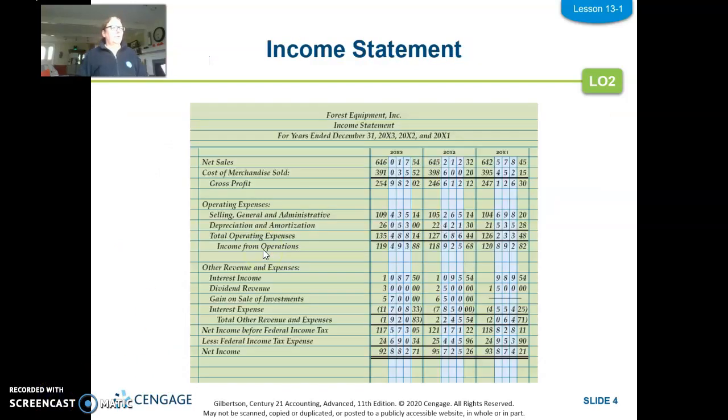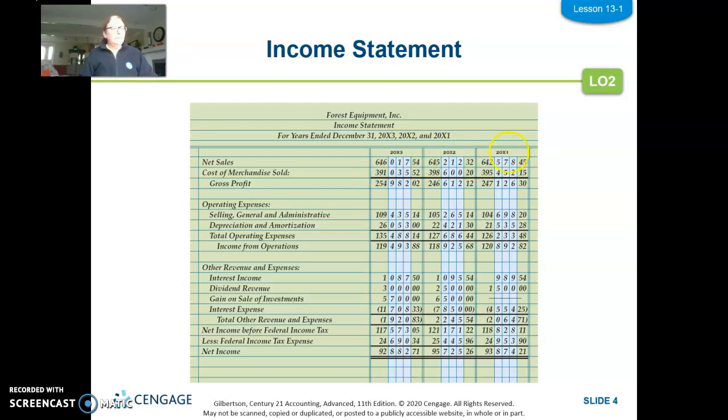So let's go through the Blackline Master on income statements that you have there. If you're looking at this income statement, notice the heading for starters, and this is on page 369 in your book if you'd rather use that. In the heading we have who, what, when, and the when is for the years ended, and there's 3 years presented when you have an income statement.